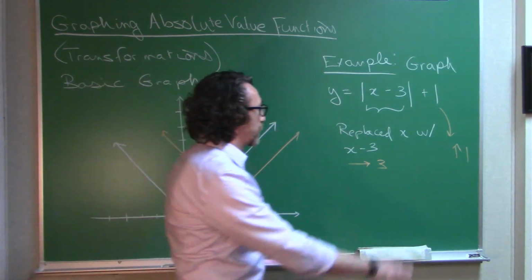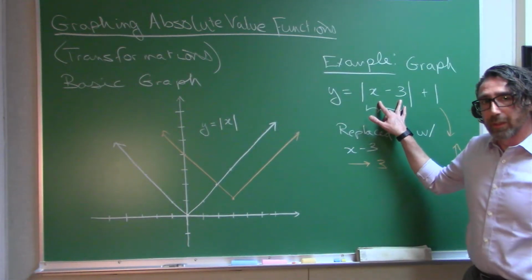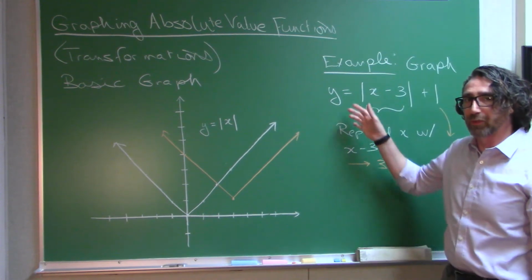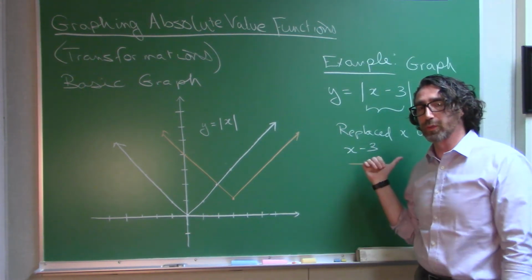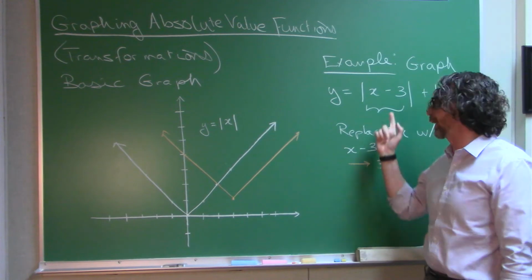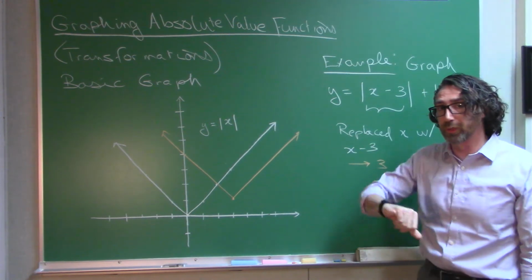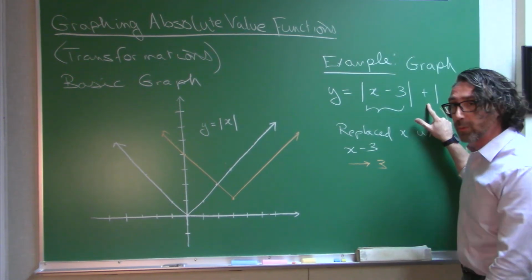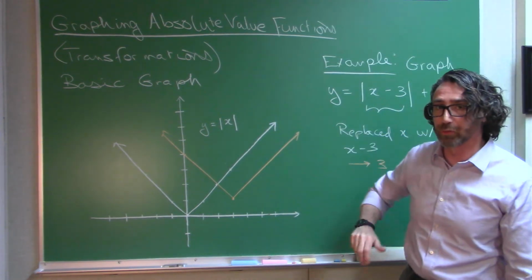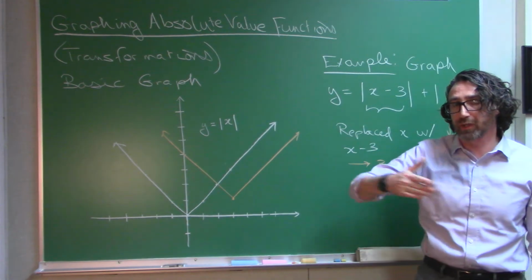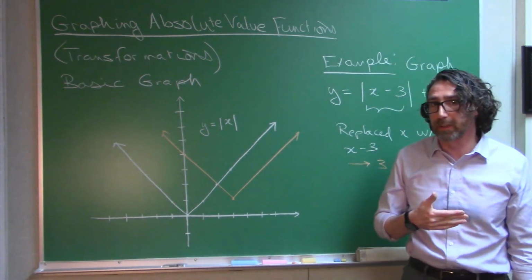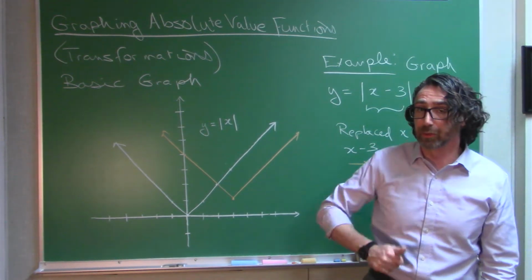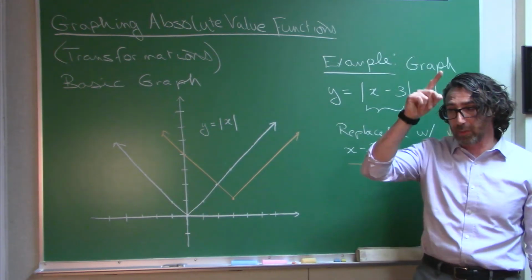So changes to the function that look like this, replacing x with x minus something, that's going to shift you to the right. Remember it's backwards of what you might think, and we'll see more about that when we talk about transformations in general. Changing the outside, that's going to move you vertically. So change the inside, you're going to shift either to the left or to the right. Change the outside, you're going to move vertically, either up or down.